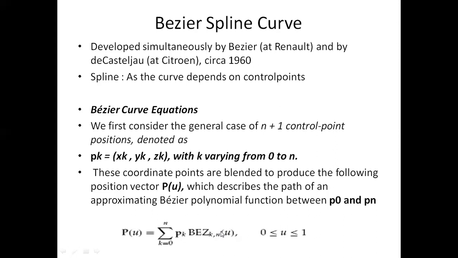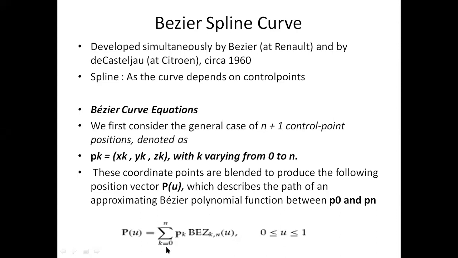It should not be sharp, it should be a smooth curve. That continuity and smoothness will be given by this parameter BEZ. The complete parameter for my Bezier curve is this equation.